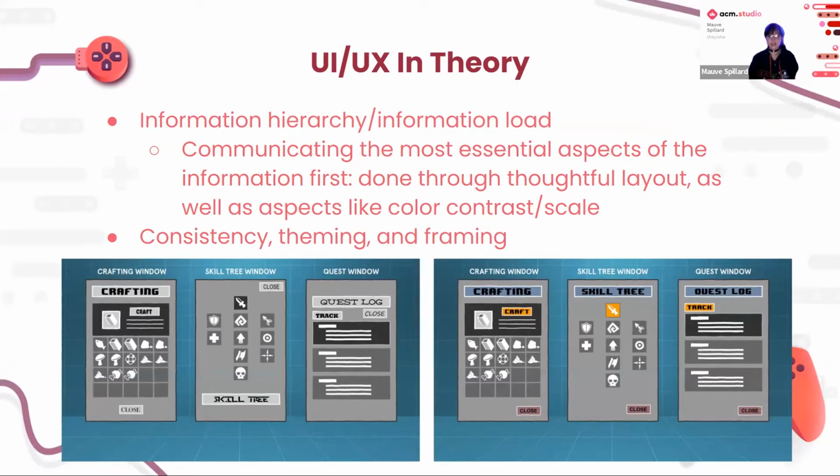So one important thing in UI/UX is information hierarchy and determining information load. This is essentially communicating the most essential aspects of information first, through thoughtful layout. Techniques like color contrast and scale are also used to do this.